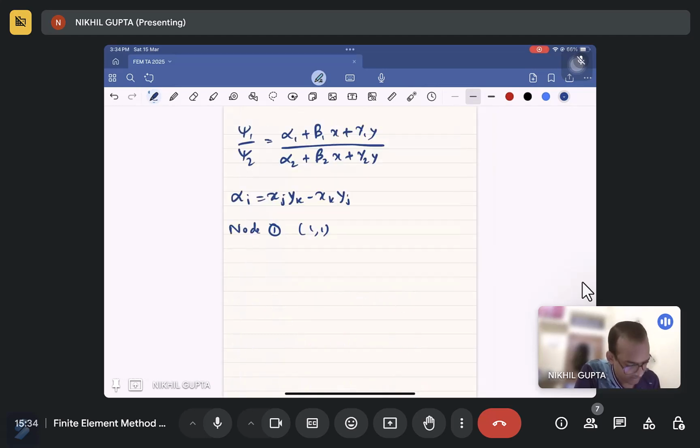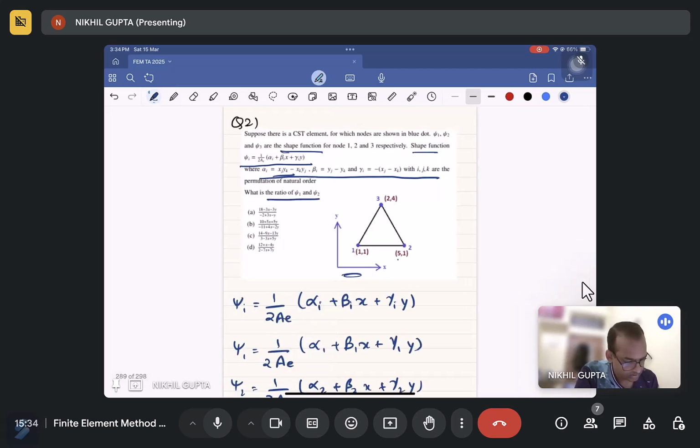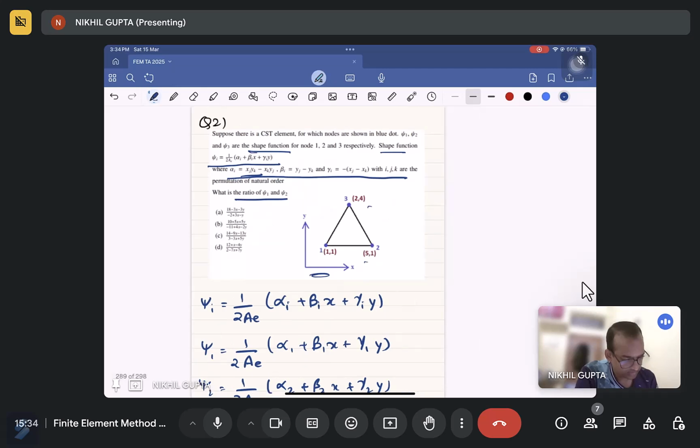So alpha 1 will be x2 y3 minus x3 y2. Is it fine with everyone? Yes. Okay, now we'll check the value, which is 5 times 4 minus 2 times 1, which will be 18. So 5 cross 4 is this and this, you will get the value.